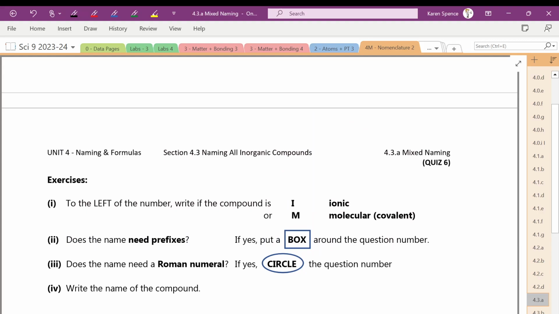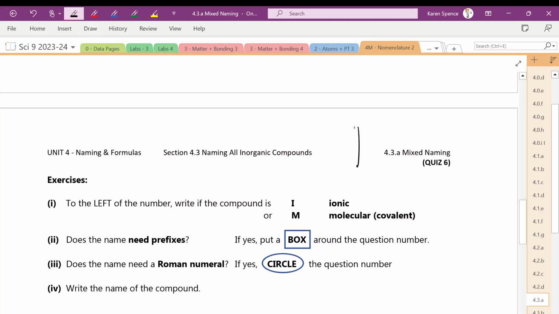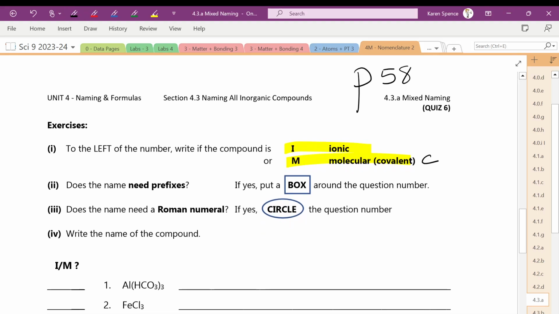Let's just go to page 58. Okay? And we're going to do a few of them together. First thing you're going to decide is, is it ionic or is it molecular covalent? So I'm going to put a C here instead. Let's try the very first one.